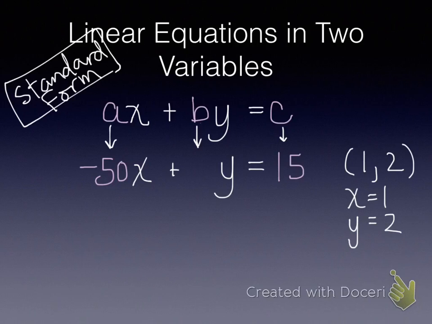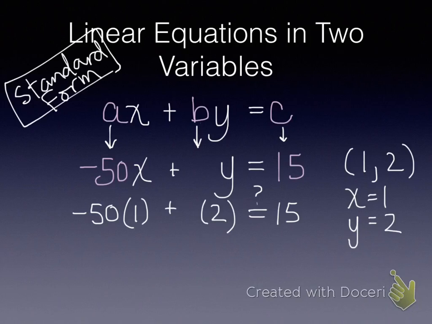If I put that into my equation, I get negative 50 times 1 plus 2, and I'm asking myself, does that equal the right side of the equation, 15? It doesn't, because this would be negative 50 plus 2, which is negative 48. That is not equal to 15, so there would not be a solution to the equation.